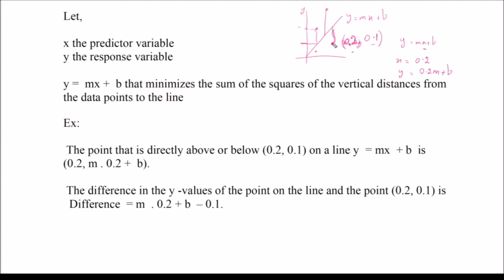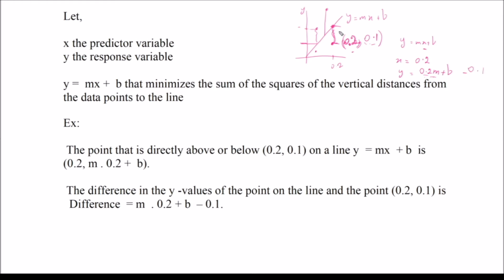So the difference between this point and this point is what? I already know the line point here. That means when my x is 0.2, my line point right here should be this, but what I got from my inputs is this. So the difference from here to here is nothing but this value minus this value.